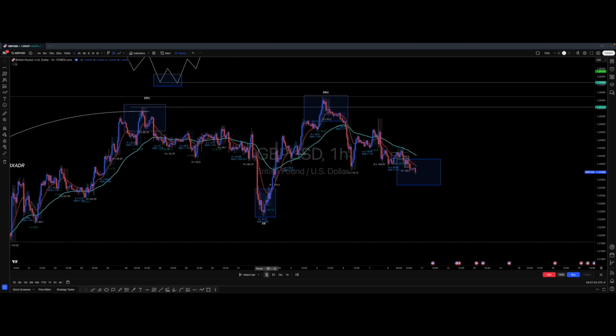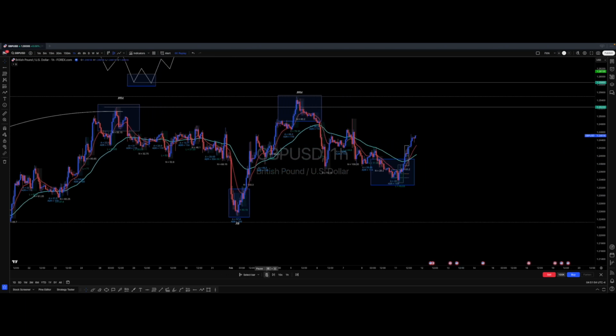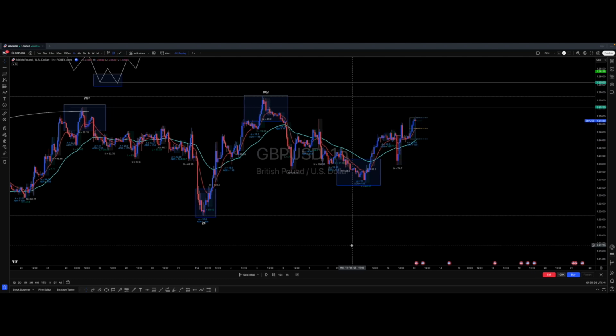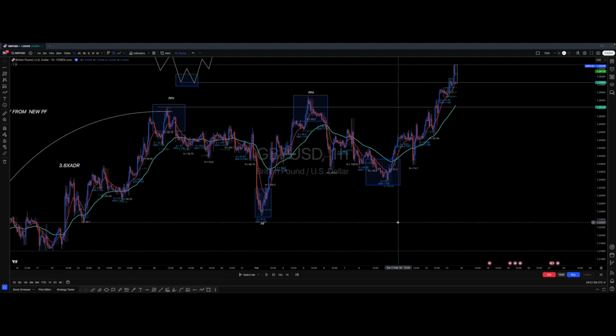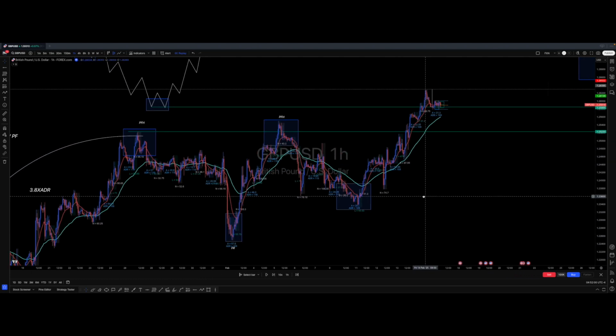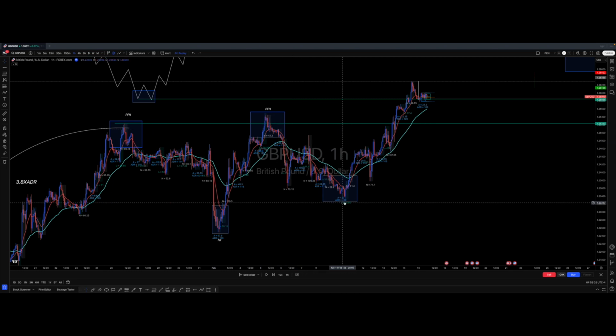So we got a peak formation high and we're looking for sells, and then we start to notice what happens. We come down and then we start to move back up again.